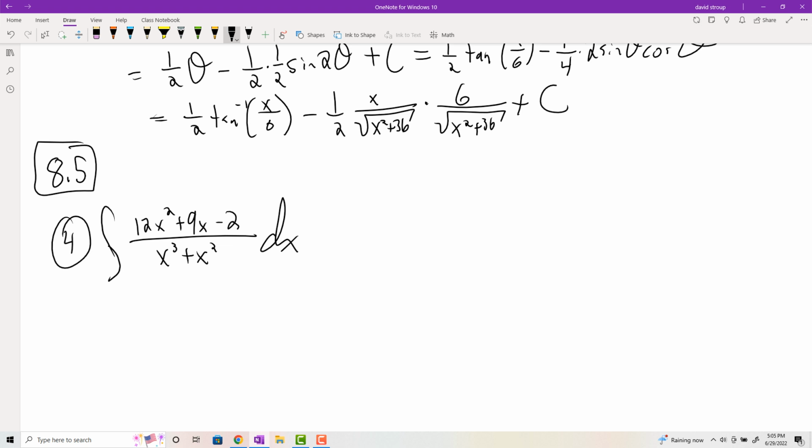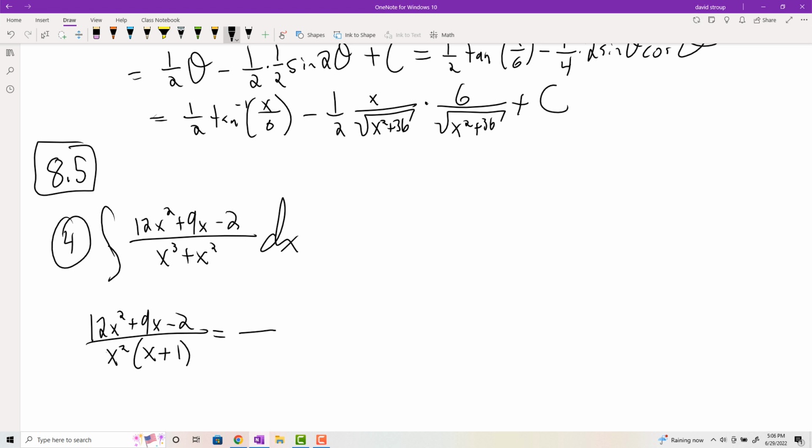But on the WebAssign, there was one question where that numerator degree was actually greater than the denominator, and then you had to do long division. Okay. So here the numerator's degree is 2, the denominator's degree is 3. I can do the partial fractions. So I'd have 12x squared plus 9x minus 2 all over, and you got to factor it. So you'd have x squared, which is repeated linear, and then times x plus 1.